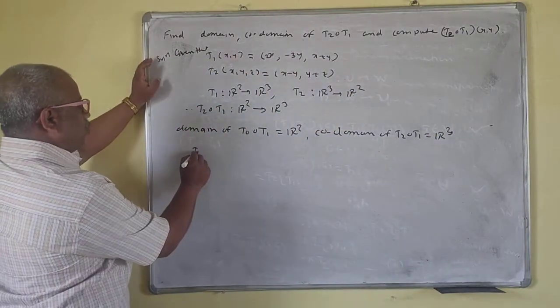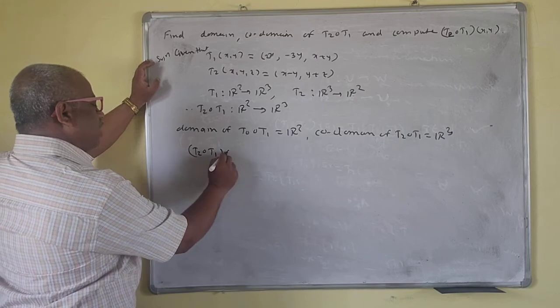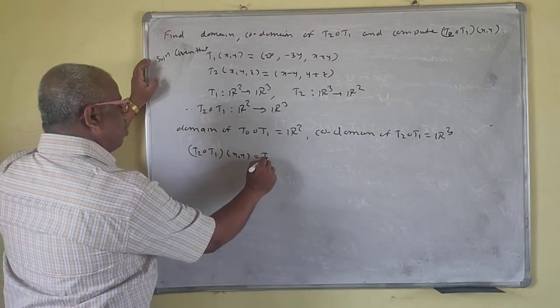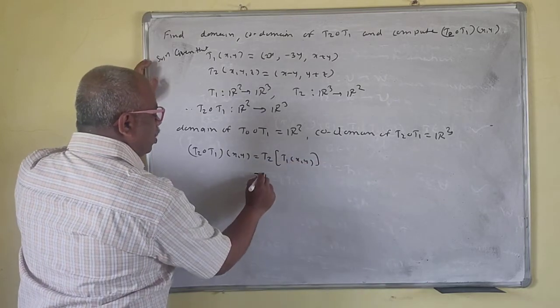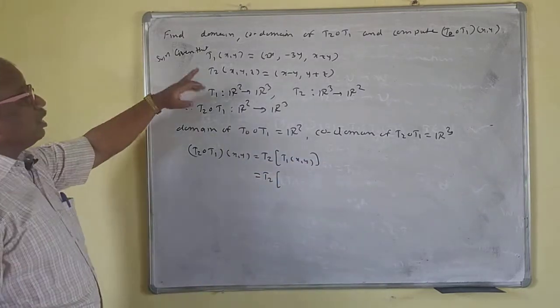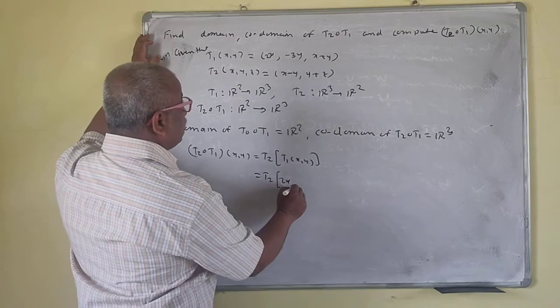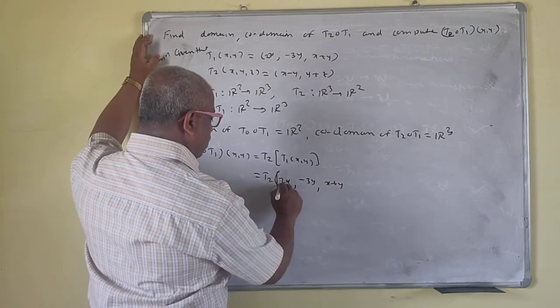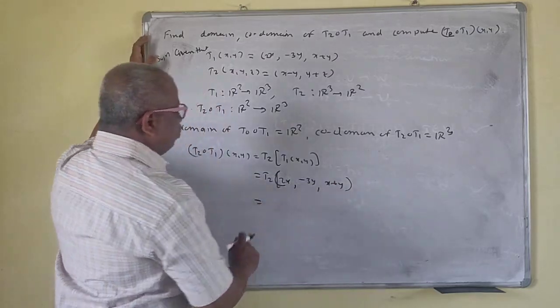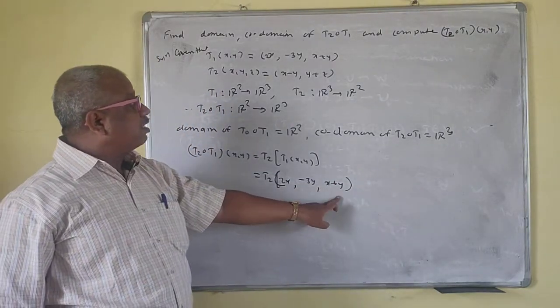Now T2 compose T1 of XY is equal to T2 of T1 of XY. Just write the formula for T1 of XY. T1 of XY is twice X minus 3Y, X plus Y. We'll write an open bracket here. Now this is T2 of X, Y, Z. What is the formula?